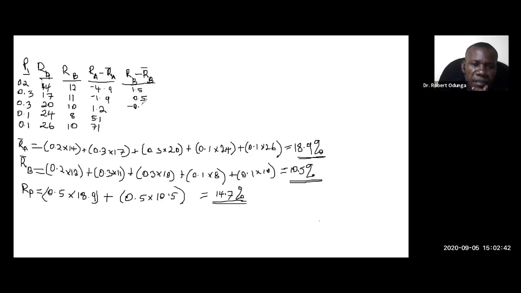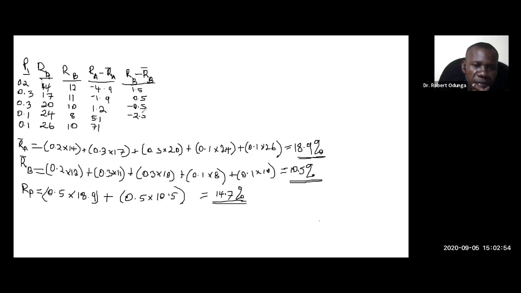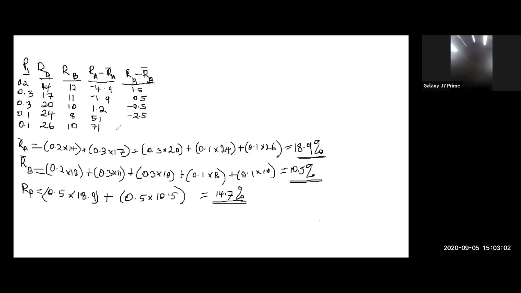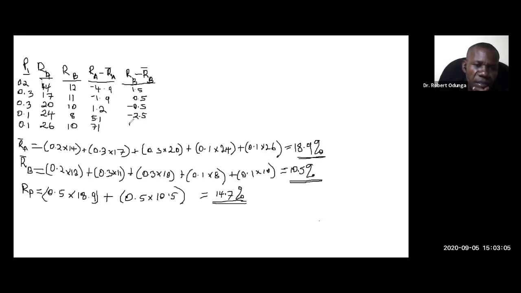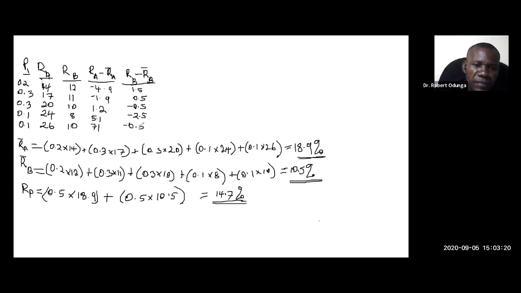Then the next one, negative 2.5. Wait a minute, this is for that. So we are on the last one. Negative 0.5.